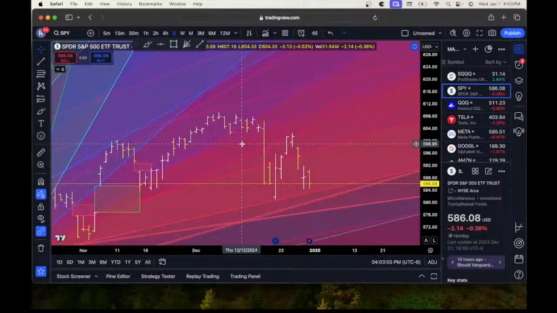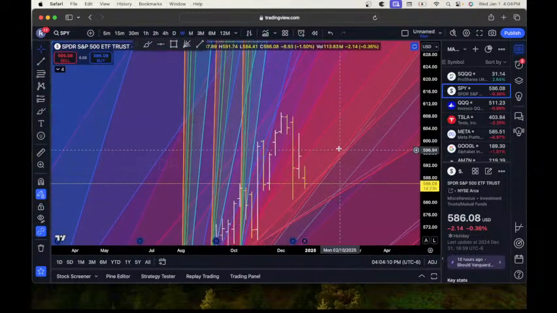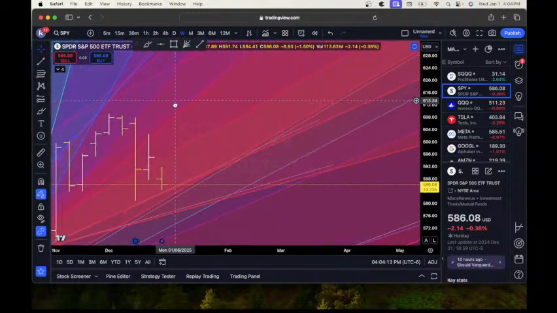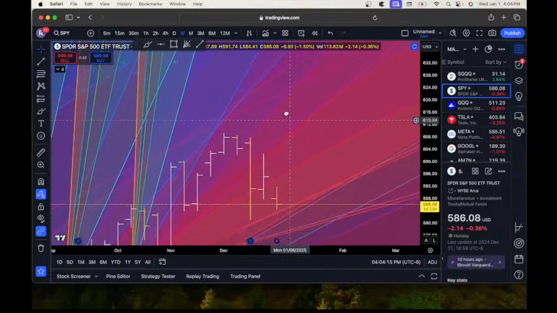Although we had a few nice runners with Tesla and everything, once I get the idea of where everything's headed on my fan levels, what I'm going to do is go to the weekly chart. From the weekly chart, I'm going to start marking my high and low levels.